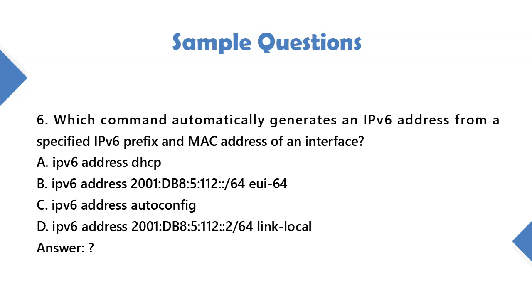C. IPv6 address autoconfig. D. IPv6 address 2001:DB8:5:112::2/64 link-local.